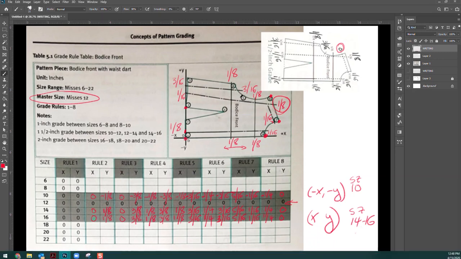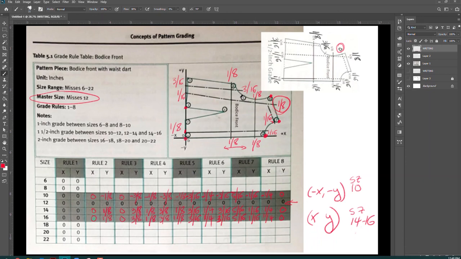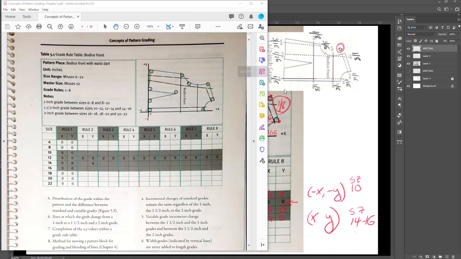I'm just opening up your worksheet, and we're going to talk really quick about one of the other pieces of your sloper. Again, this one is pretty standard all the way across, but you might have to use your brain and your knowledge of basic geometry in order to do the grading appropriately.